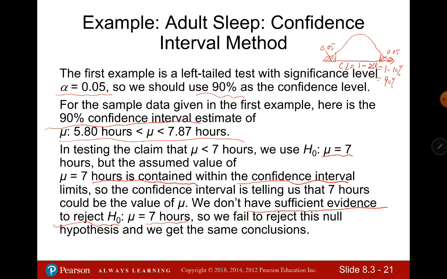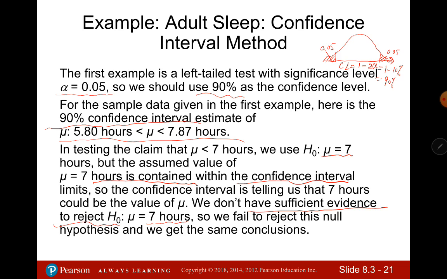Okay, so we'll talk a little bit about the confidence interval. When we talked about the confidence level and the alpha level in chapter 7, we said the confidence level is just 1 minus alpha. But here, we should know it's not always the case.